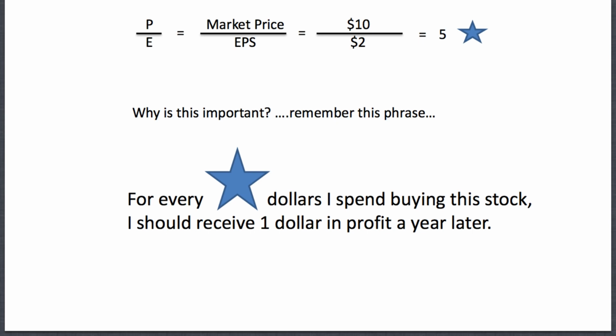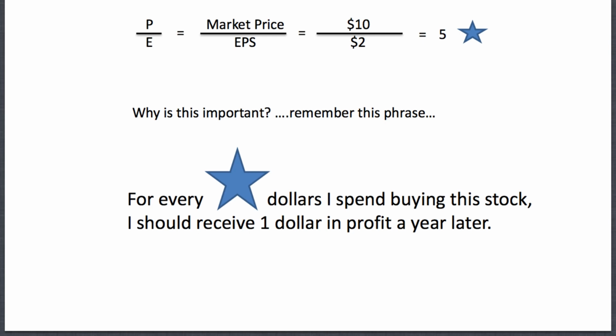So for every $5 I spend buying this stock, I should receive $1 in profit a year later. That's a really powerful sentence to remember. If you're taking notes, I would definitely write that down, because that sentence applies for any company. If you're talking about something on the New York Stock Exchange right now, you can apply that sentence to the PE ratio.